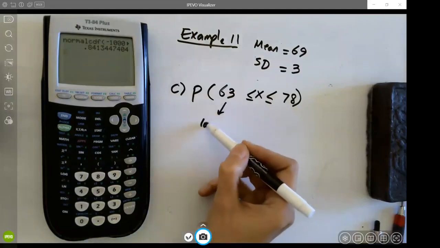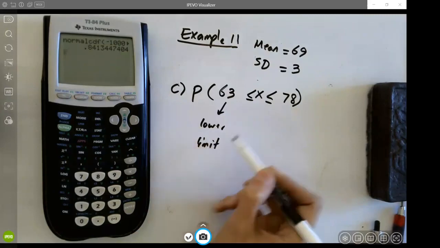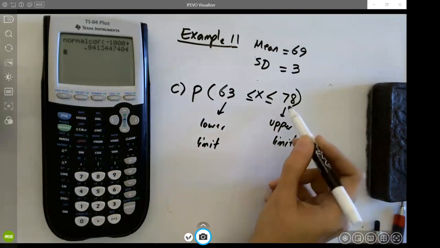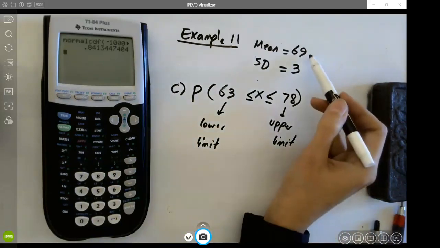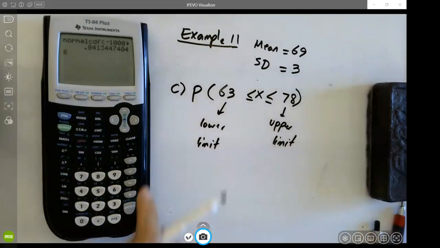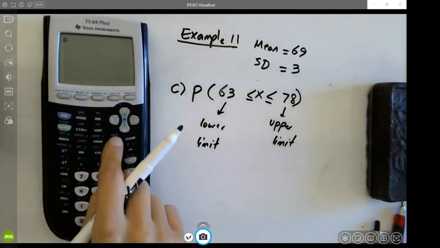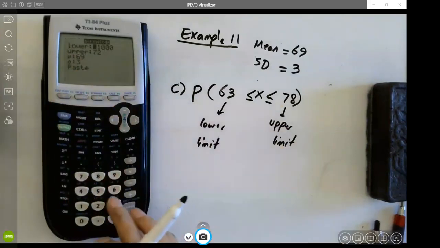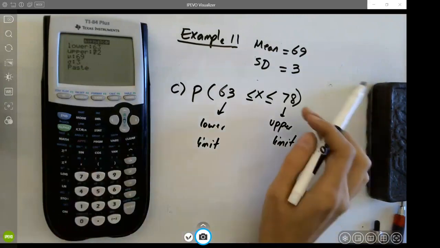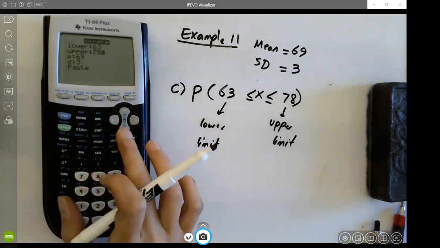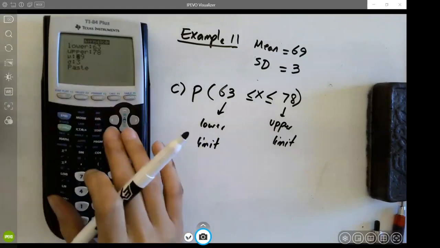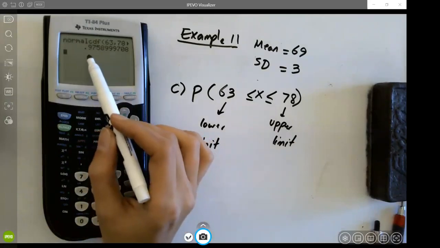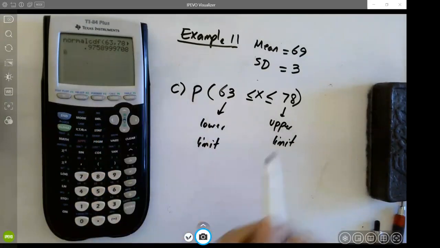Our lower limit is given, 63, and our upper limit is also given as 78. The mean is 69, standard deviation is 3. So let us go to second, VARS, normal CDF. Our lower limit, 63. Our upper limit is 78. Mean is 69, standard deviation is 3, and paste. It's 97.59%.